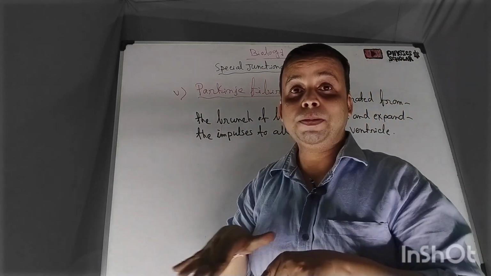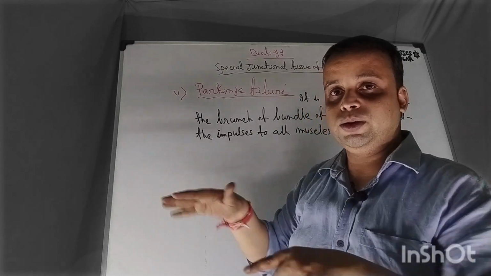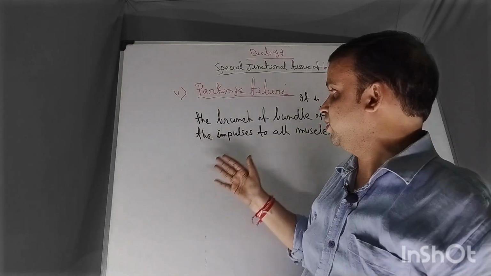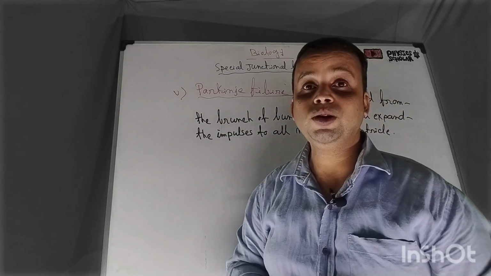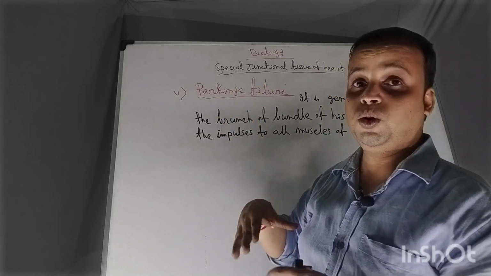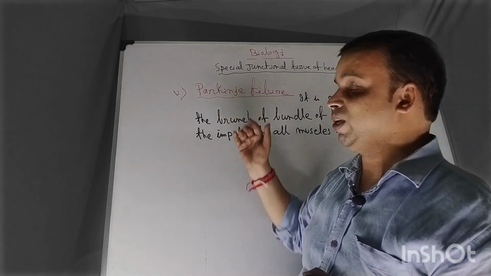And basically the papillary muscles. So the papillary muscles of the ventricle, it will spread the impulses, and the amount of sarcoplasm is more and glycogen is there in the sarcoplasm, clear?